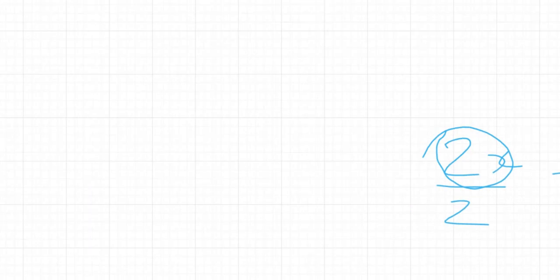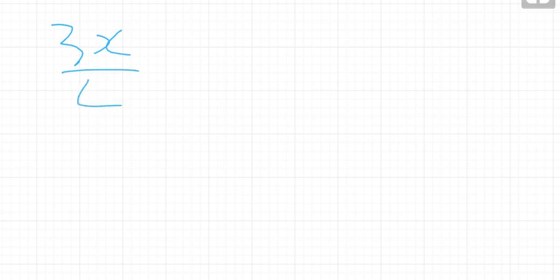But let's say the denominators are not the same. If they're not the same, then we can do the LCM method, or there's another way we could solve these fractions.